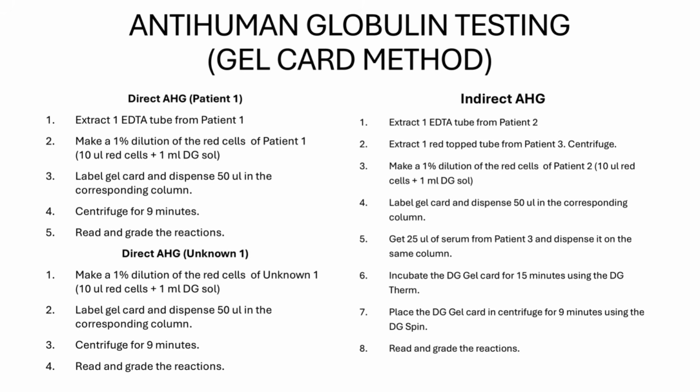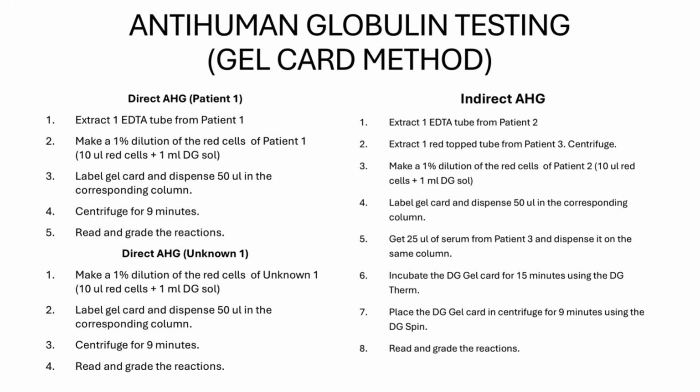So let's start with your direct AHG. Extract one EDTA tube from one patient, and that will be divided into two separate tubes containing 1 ml. So your 2 ml EDTA tube will be allocated into two new, clean test tubes, 1 ml to each, so that you can make your red blood cell suspensions from it.